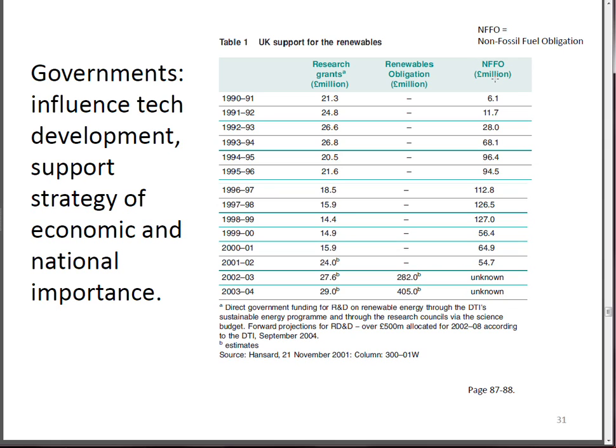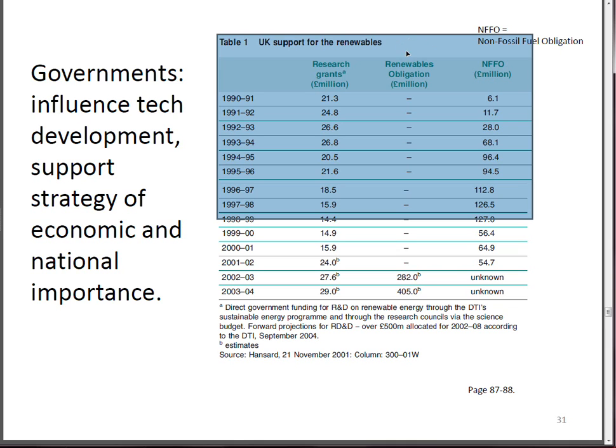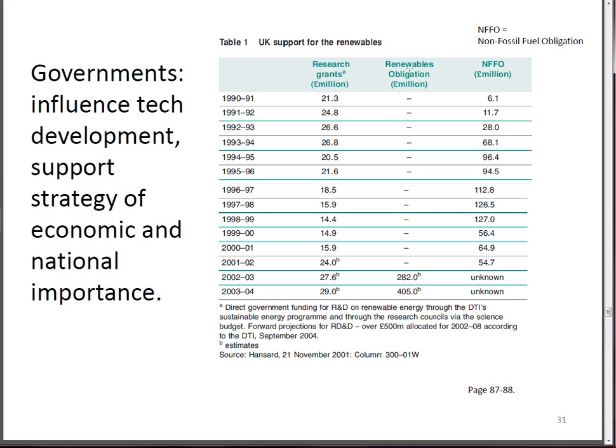So you can see from 1991 to 2003, research grants and what we now call renewable obligations, and what we called before non-fossil fuel obligations. But these are two different things. The one will be non-fossil, and the other will be renewable obligation, which means actively supporting renewable schemes.